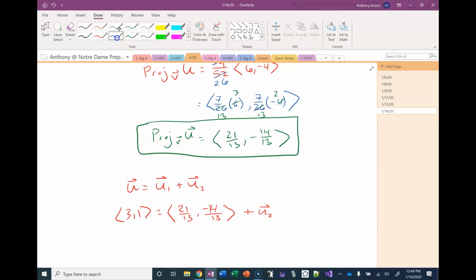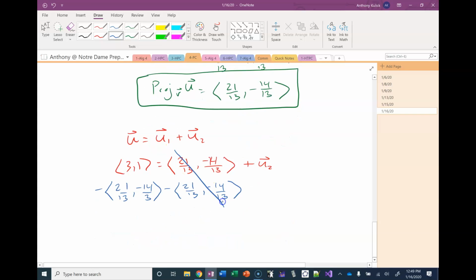Now to find vector u2, I can just subtract that vector from both sides. So over here that cancels out, and I'm left with just u2 on this side. Everybody okay with that?